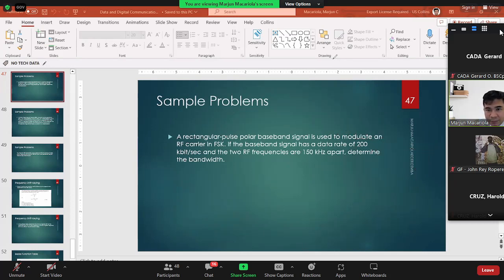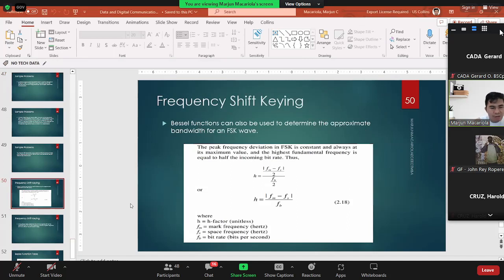Napasa ko na naman din itong PowerPoint presentation sa inyo, no? So again, also we already discussed on how to find the bandwidth, okay?